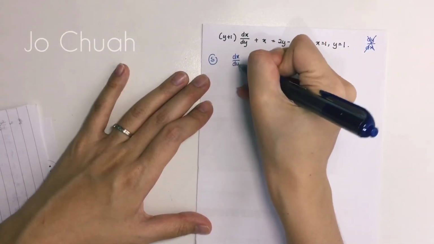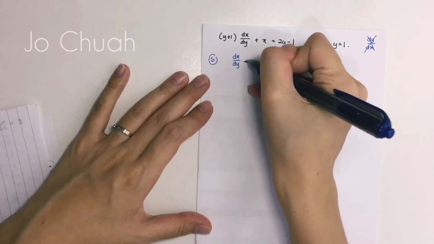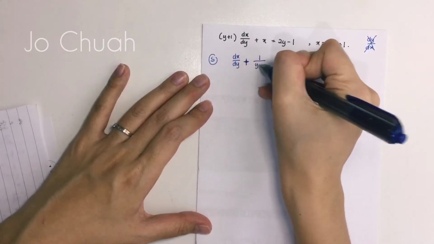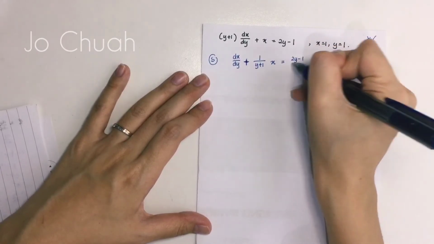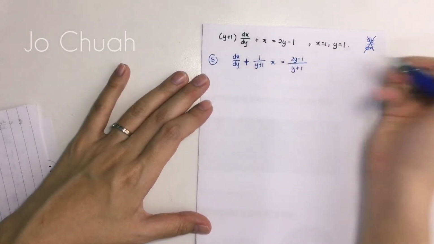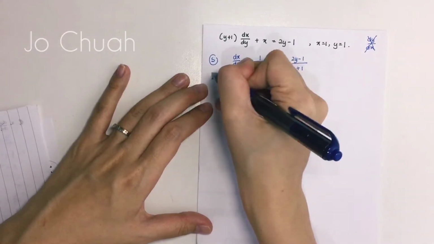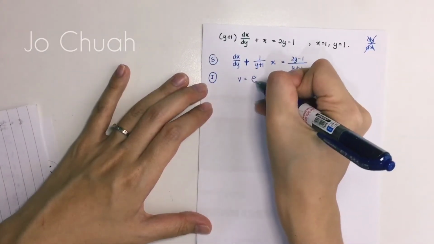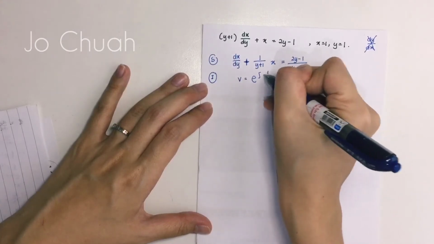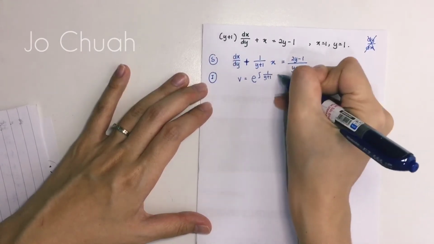Dx over dy is going to be plus 1 over y plus 1 times x equals 2y minus 1 over y plus 1. This is your first step.